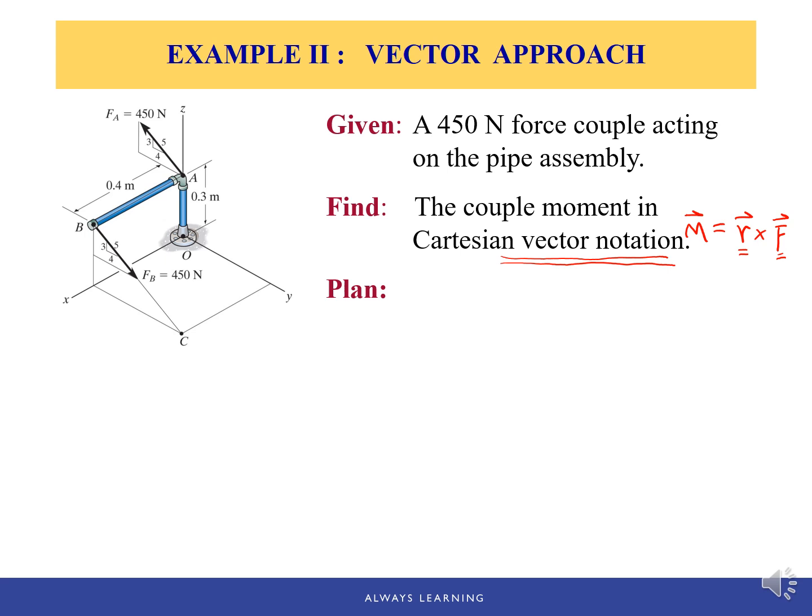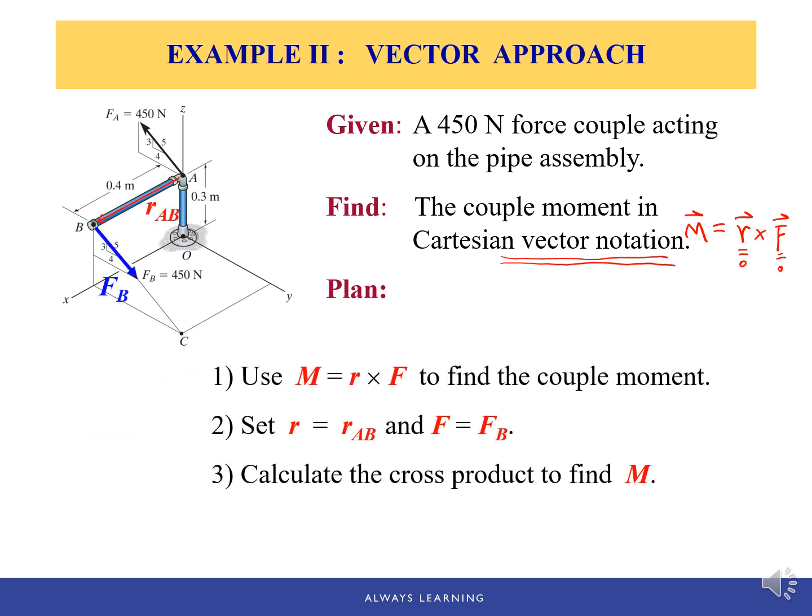To use the cross product, first we need to find a position vector from one force to another, and it can be any position vector, and then we find the vector form of the force. So here will be the approaches we're going to take. First, we're going to set our position vector between the two forces.